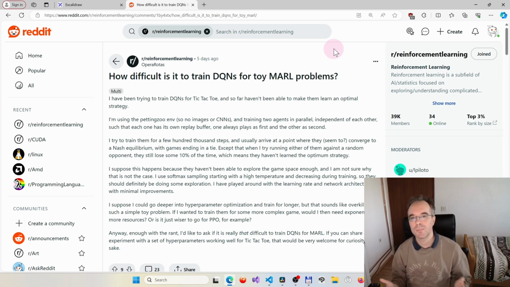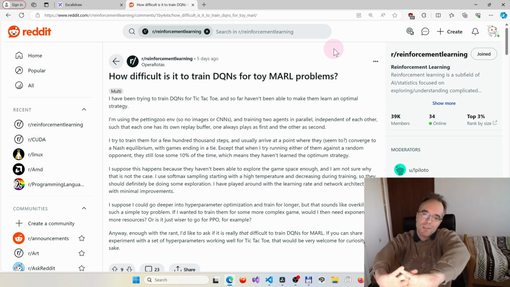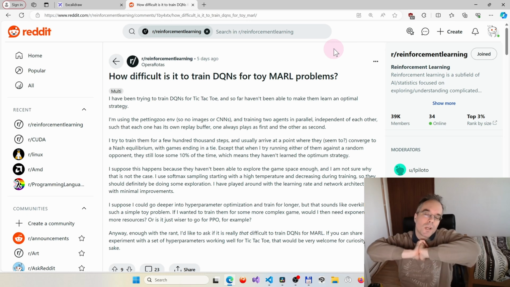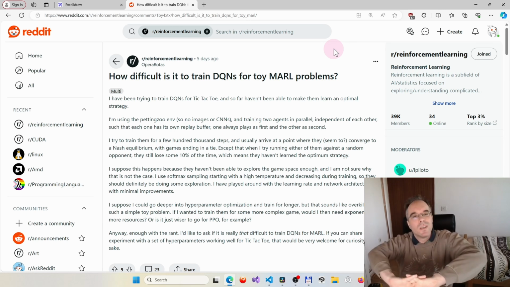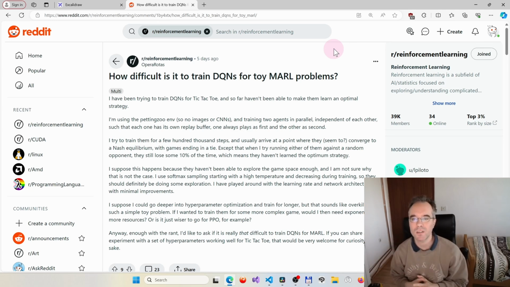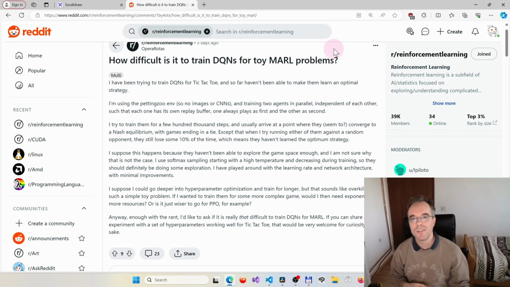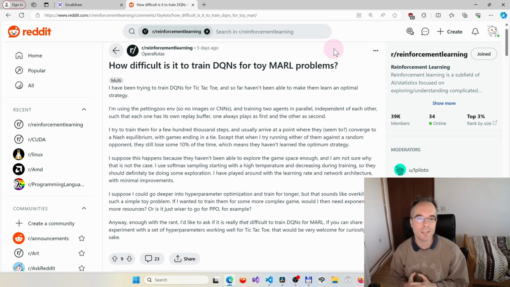And here the poor guy took a deep neural network, the ones that are going to become sentient and usher in the singularity, and which are supposedly already sentient, as demonstrated by ChatGPT. And he wanted to train them on something as simple as tic-tac-toe. I can only assume it had something like 9 tiles, 3x3 tic-tac-toe. And to his great surprise, these neural networks don't converge.